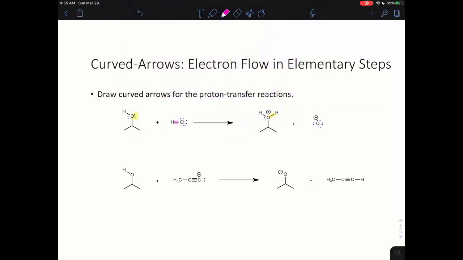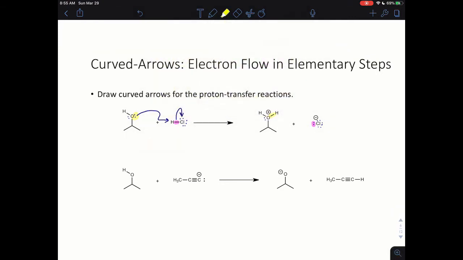It also looks like these electrons in the hydrogen-chlorine bond are on chlorine. So we're going to start at the electrons and show where they're going. I'm going to start at the yellow electrons, the lone pair on oxygen, and point towards hydrogen. Then it looks like the electrons in the HCl bond go to chlorine. So I'll show that as well.